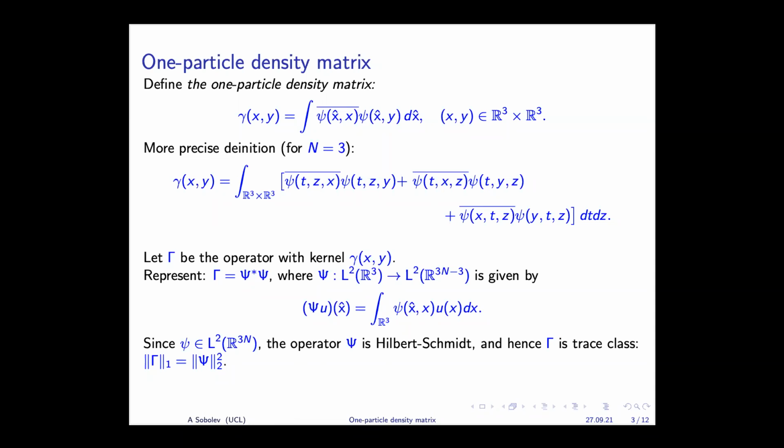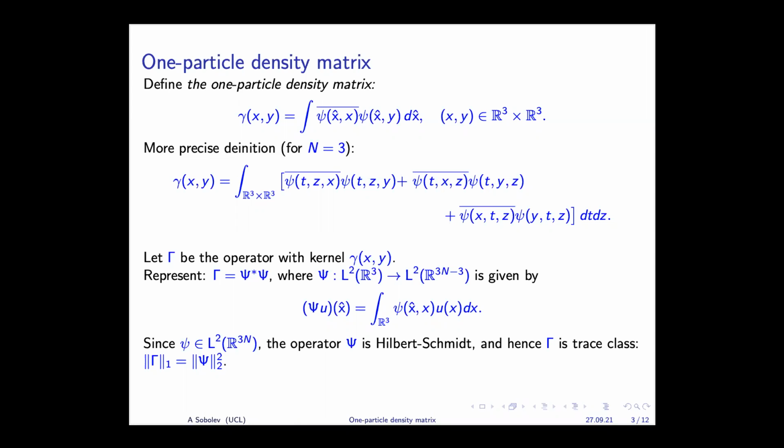Now, this is an L2 function. And when you have a kernel that belongs to L2, this means that the operator is Hilbert-Schmidt. Now, if you have the product of two Hilbert-Schmidt operators, you get a trace class operator.